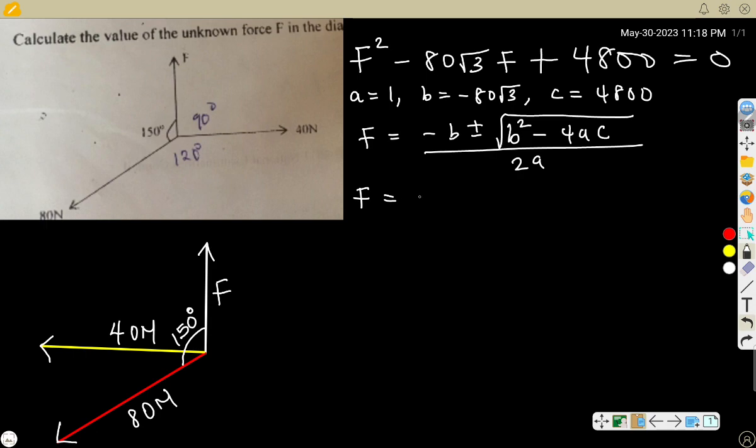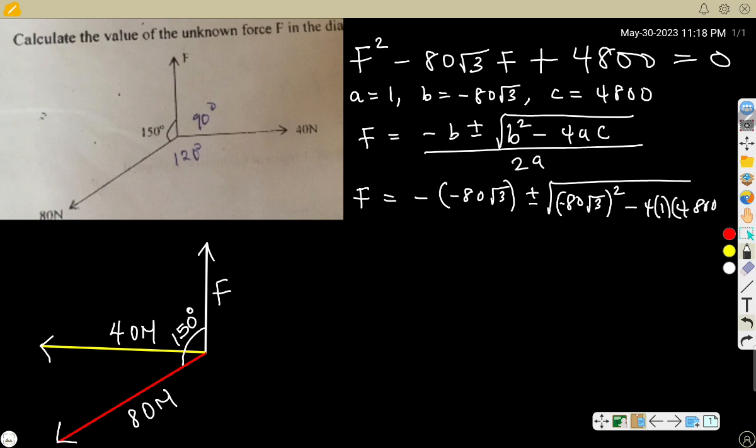So F equals minus b, that is 80 root 3, plus or minus the square root of minus 80 root 3 square minus 4ac, 4800, everything over 2a, that is 2 times 1.